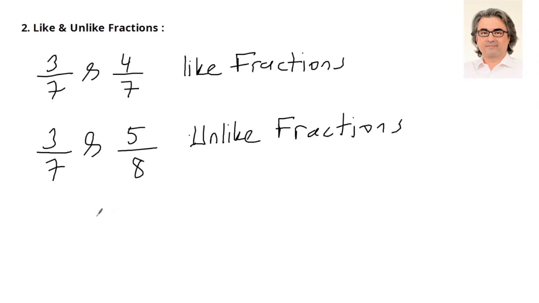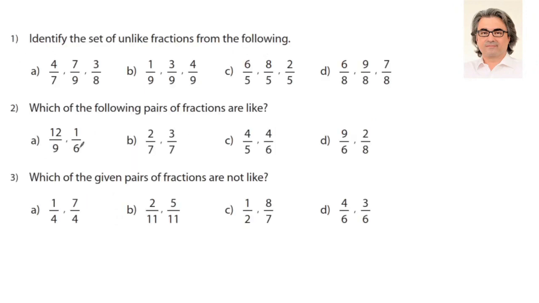I think you understood well. Let's continue with the next questions. Identify the set of unlike fractions from the following. I should find the fractions whose denominators are different from each other.